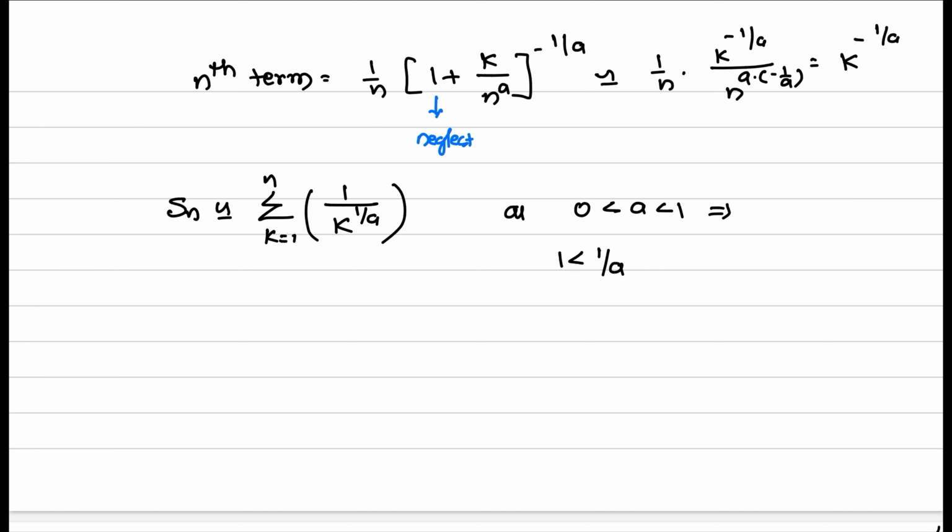A is greater than 0 means 1 by a is greater than 0. And also 0 is less than 1 by a. That means 1 by a is greater than 1.